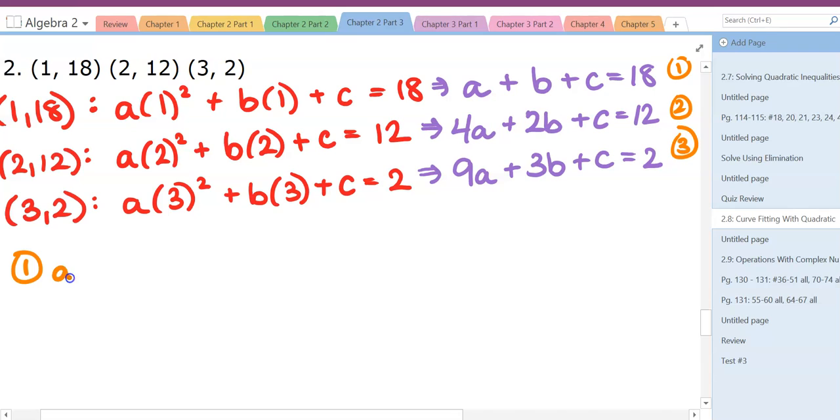So I'm going to do a plus b plus c equals 18, and 4a plus 2b plus c equals 12.